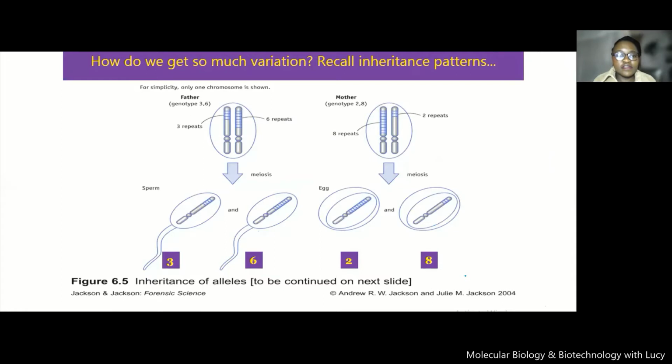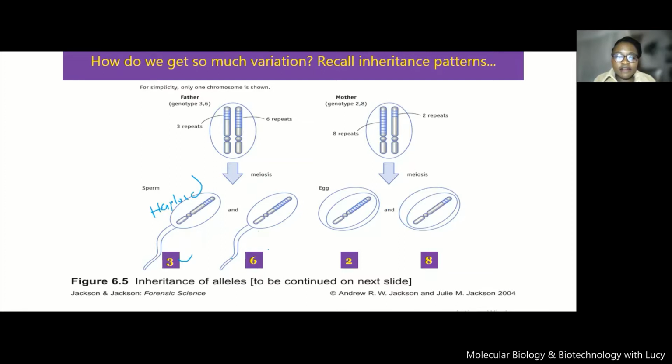So this is what I have mentioned about inheritance patterns. For example, the father has the genotype 3,6 of a certain STR loci, that is 3 repeats and 6 repeats, and the mother has 2 and 8 repeats. Then after meiosis, of course, you know that these will be haploid, so that there can now be fertilization. So we'll have one having 3 and the other 6 from the father, and from the mother 2 and 8.